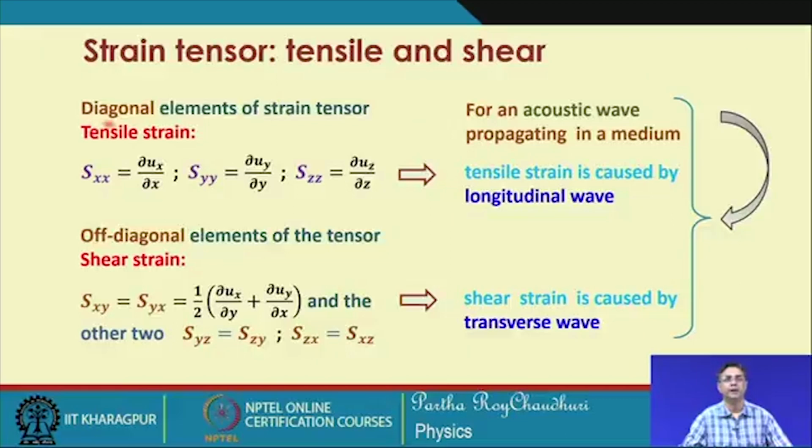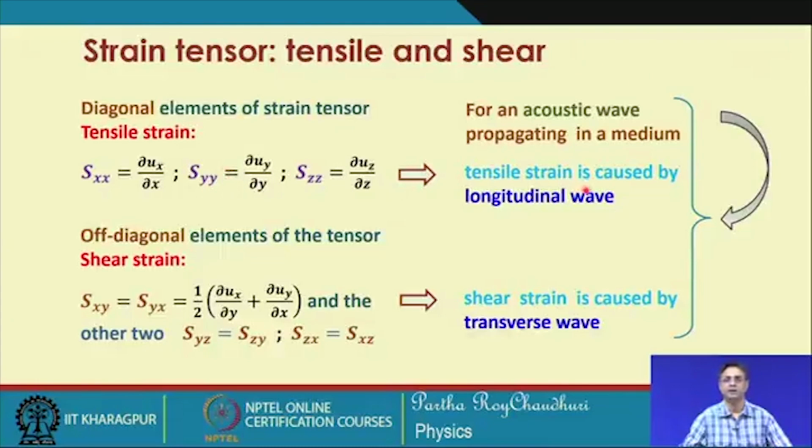We will see the diagonal elements of the strain, these are represented by Sxx, Syy, Szz, and the shear strain elements are represented by this, that is del ux del y, del uy del x, and so on for Syz, Szx. Importantly, this tensile strain is a consequence of a longitudinal acoustic wave propagating in the medium.